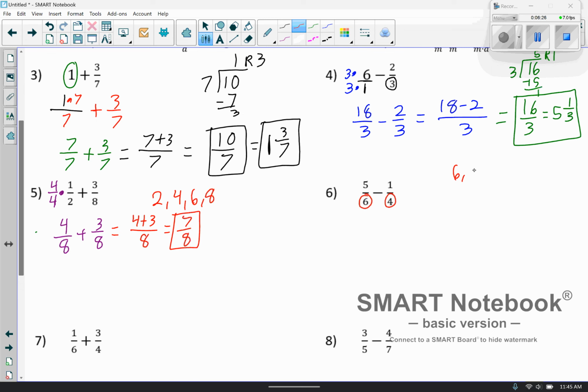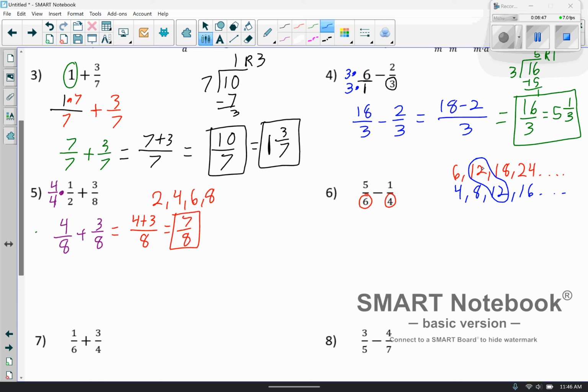So let's see, 6, 12, 18, 24, and I could keep going, but that's probably going to be high enough. And then if I take the 4 and do the same thing, 4 plus 4 is 8, plus 4 is 12, plus 4 is 16, and so on. And so I can see right here, oh, they both have that 12 in common.